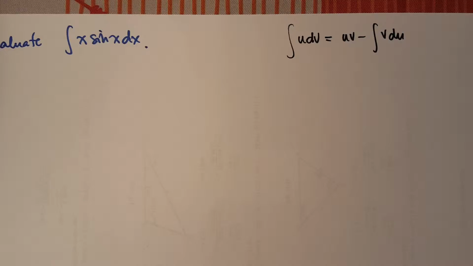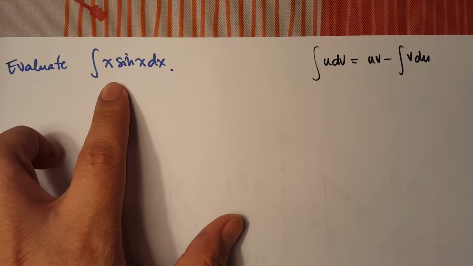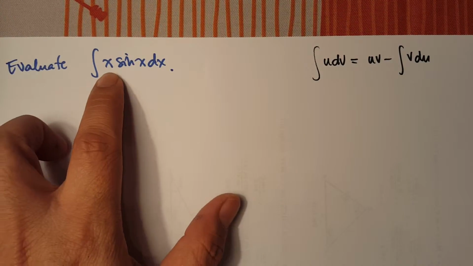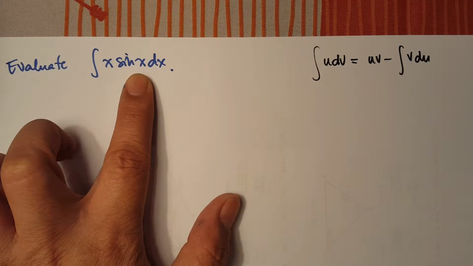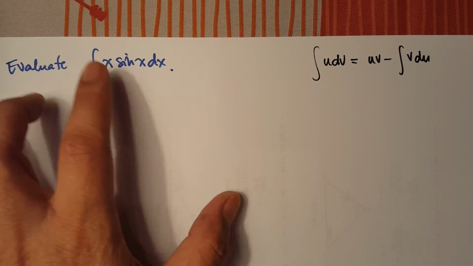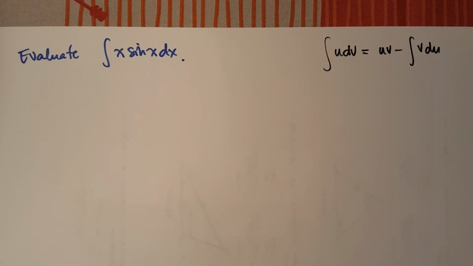So what we need to do is establish what we have to choose. We have to choose which of these two functions, x or sine x, will be our u, and of course the remaining part will be the dv.